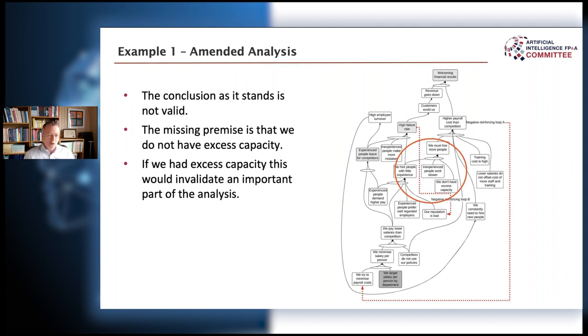So it's important when we're doing analysis like this. And I've used this on several examples of root cause analysis, and very often we find that something is missing from the analysis. Whether it's as important as this is different, but there's always something missing.